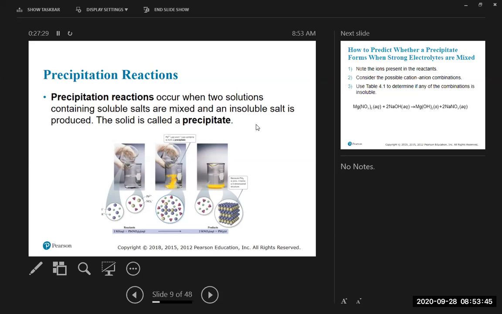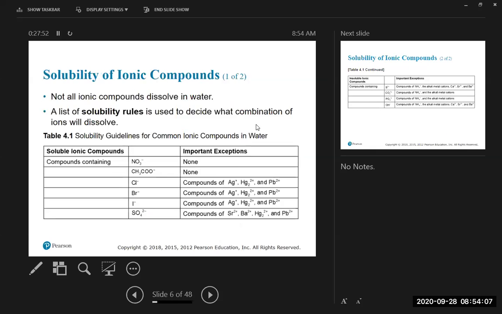compounds. And here we have an example of that with potassium iodide, lead nitrate, and then we see that lead iodide is a precipitant. And so this would take us back a few slides ago, where we talked about our rules and guidelines for soluble ionic compounds.